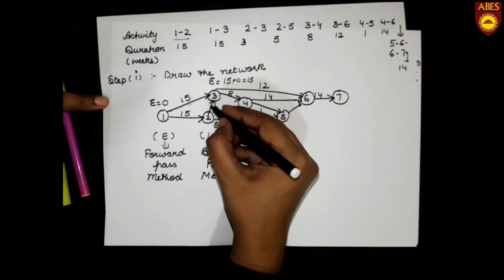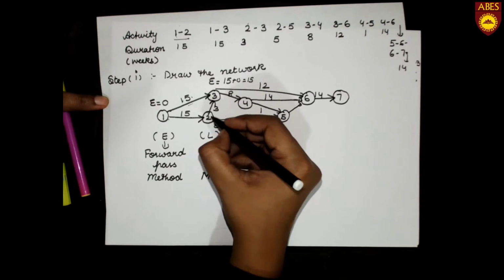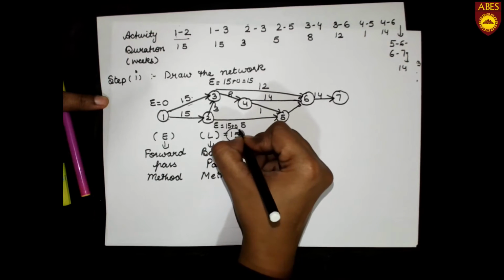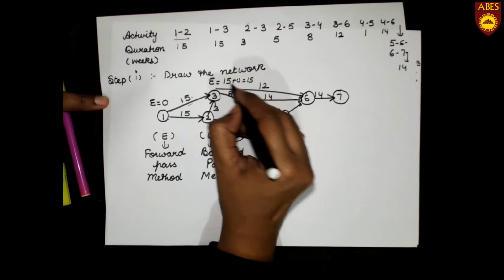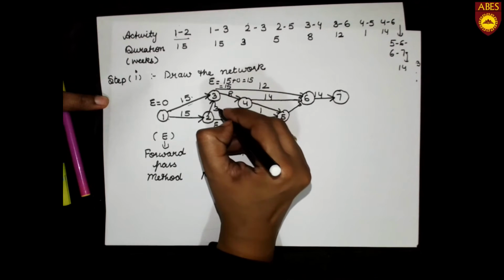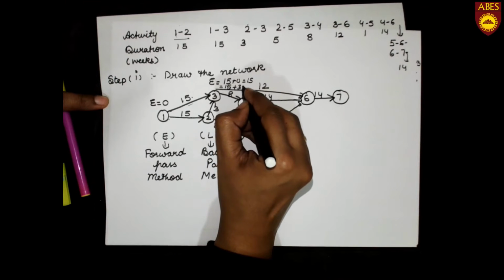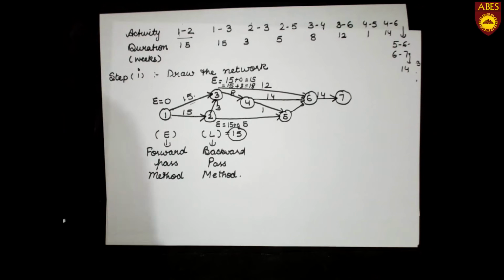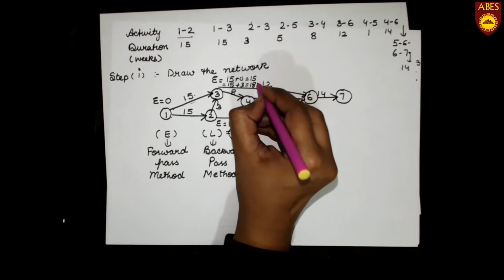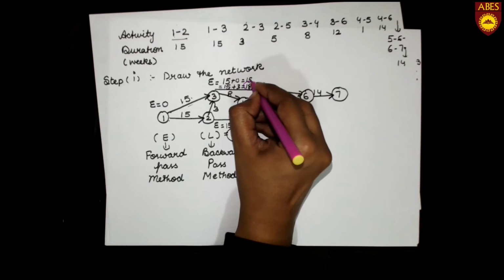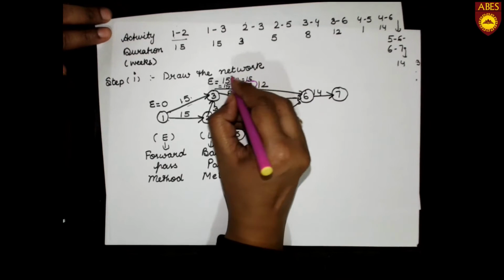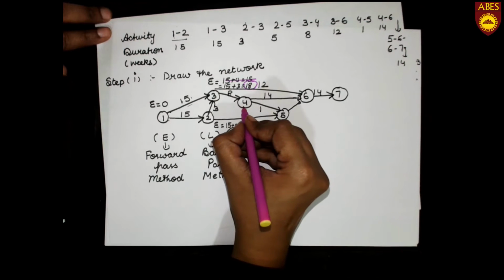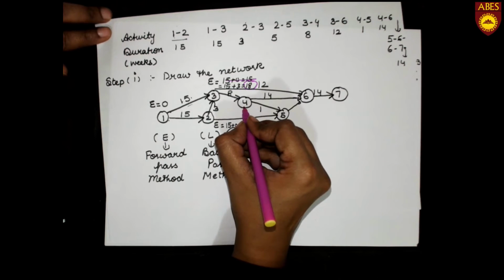When we go to 3 through 2, E will be 15 plus this duration 3, which is 18. In the forward pass method, we take the maximum value of E, and that will be our E over here, and this other E will be cancelled.